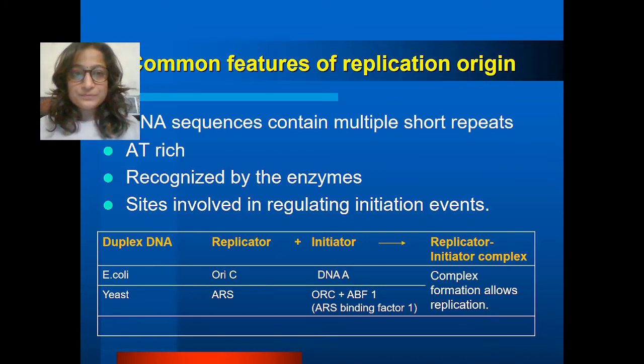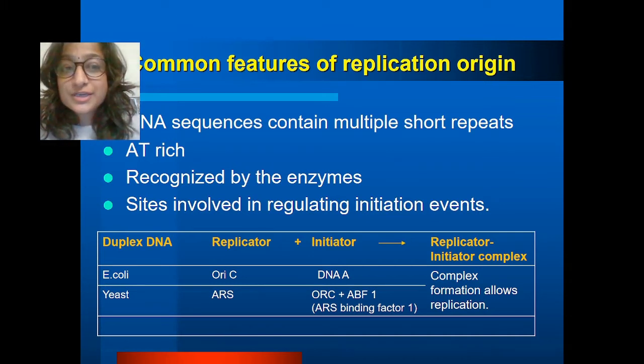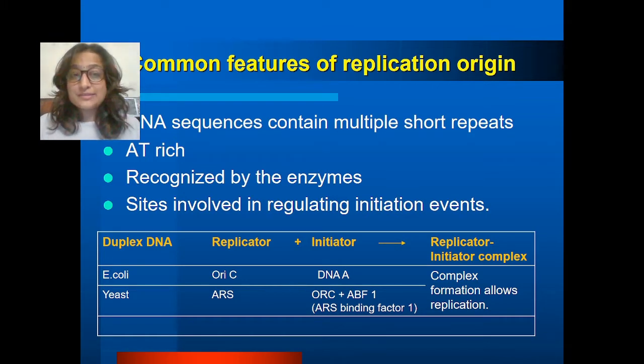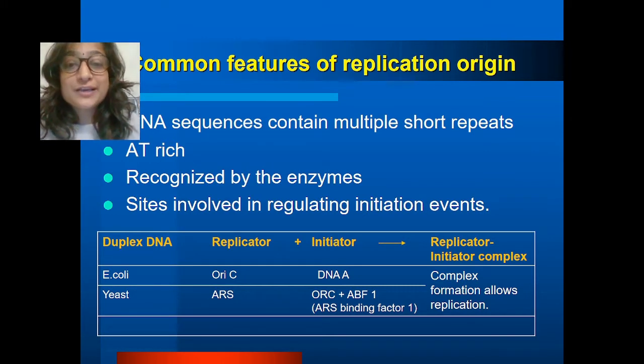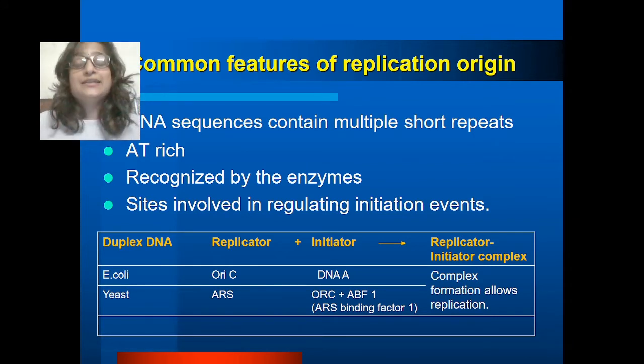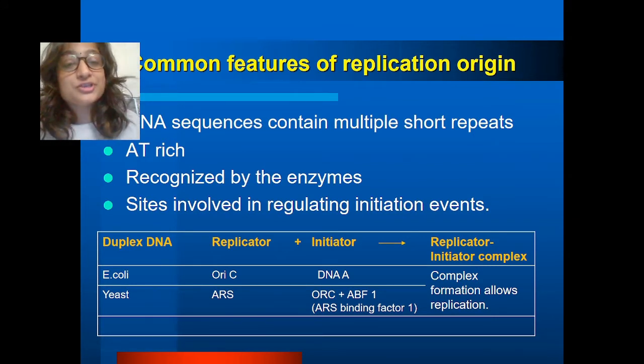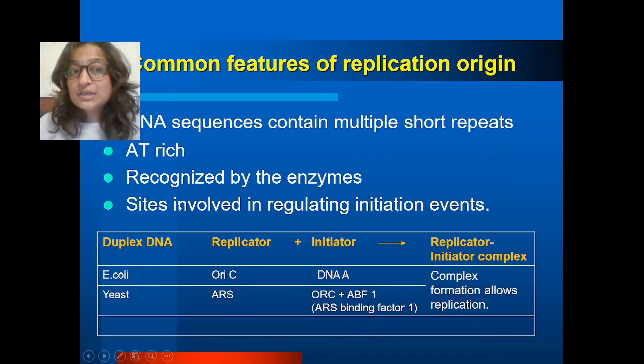The other important feature of replication origin is that they need to be recognized by enzymes. Remember, your ORI on its own cannot initiate the replication process. It needs certain enzymes, certain proteins, in order for the replication to get initiated, and for that it is necessary that your origin of replication contains recognition sequences.